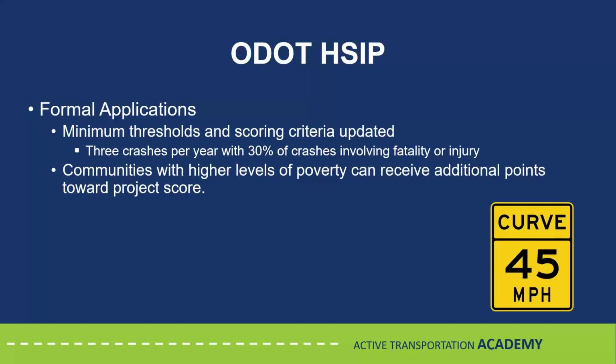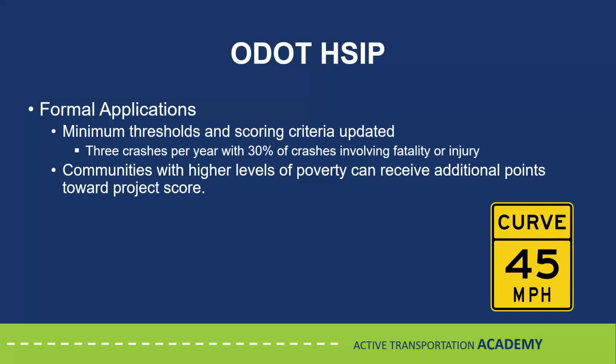On the formal application side, in September 2021, the minimum thresholds and scoring criteria were changed. The minimum threshold for submitting a safety application will be 3 crashes per year, with 30% of the crashes involving a fatality or injury. Projects with higher severity will get more points, and projects addressing crash frequency and congestion, but lower severity, will receive fewer points.